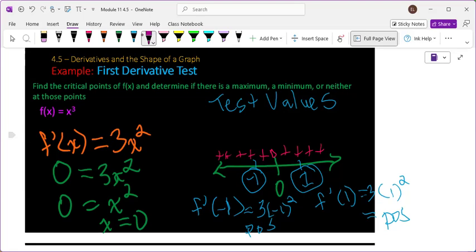When I do one of these number lines, once I'm looking at the shape of a graph, I start drawing arrows. It indicates what that test is telling me. So positive values on the first derivative tell me the graph is going up.